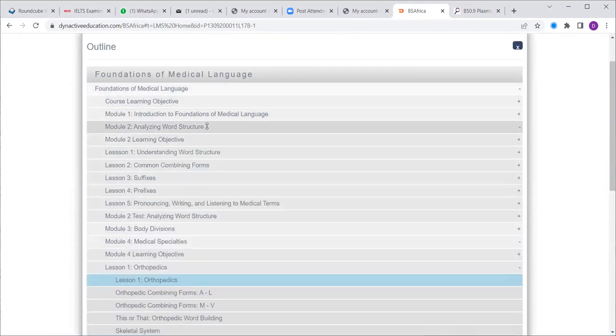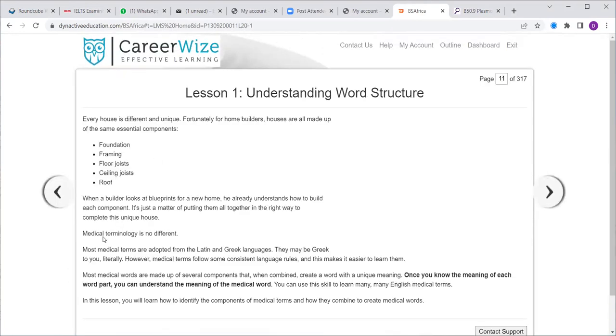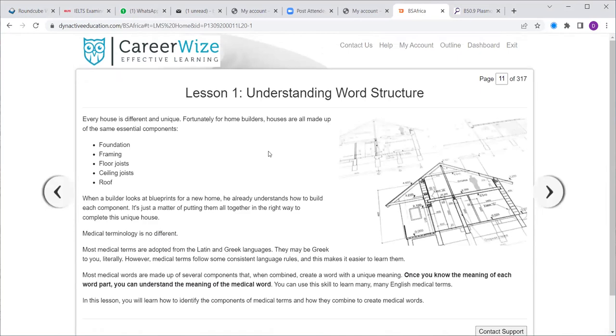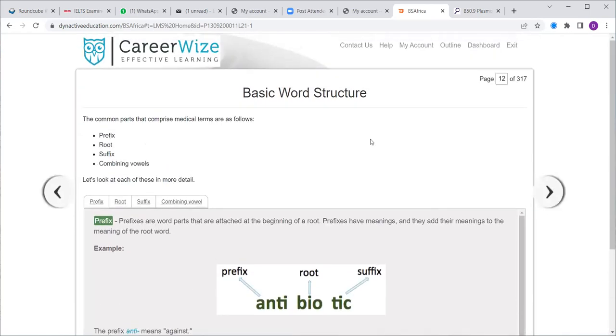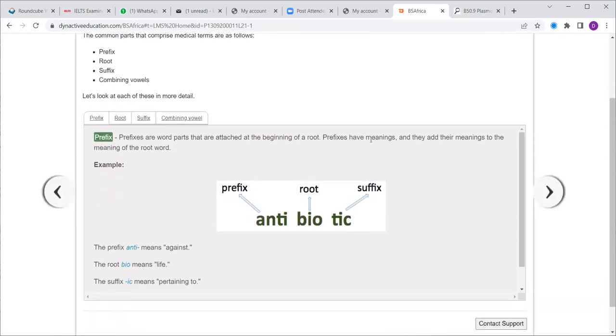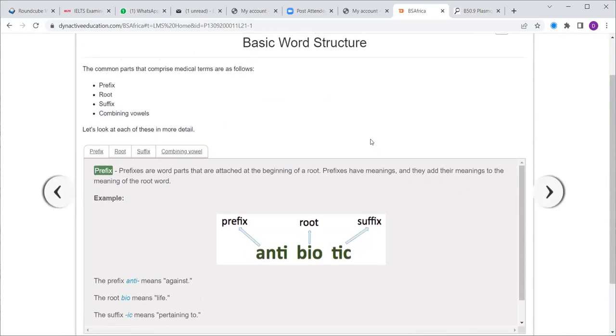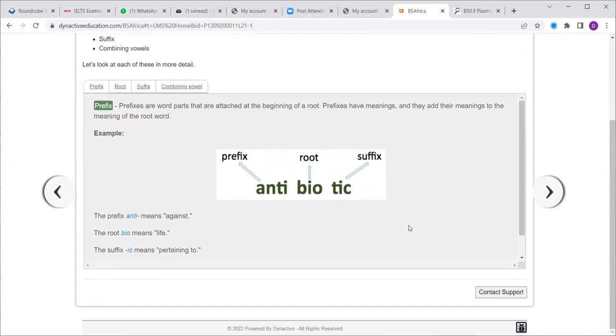It starts with some introduction, but majorly it starts with what we call word structure, understanding medical terminologies, how medical terminologies are formed. Medical terminologies have root words, prefixes, and suffixes, each of them meaning something.